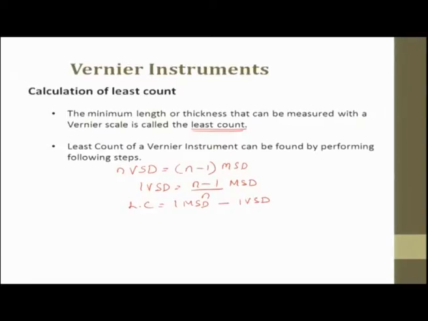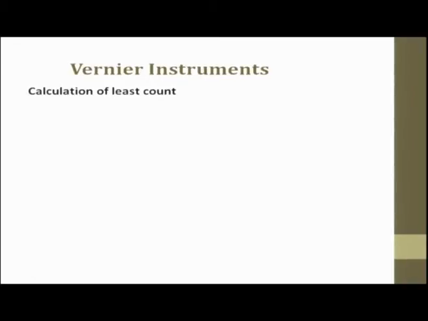So, the least count is 1 MSD minus n minus 1 by n MSD, and this can be written as 1 minus n minus 1 by n, times MSD. So, least count is nothing but 1 MSD by n.